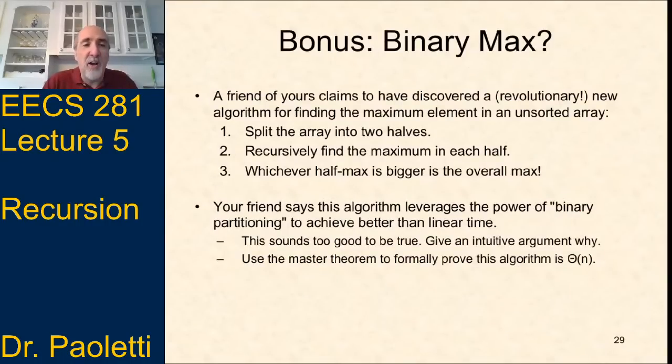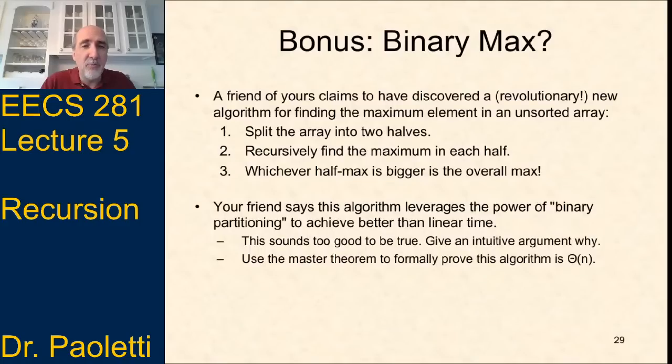Okay, here's a bonus problem to think about. You have a friend who's taking 280. They haven't taken 281 yet. And your friend says, aha, we've discovered binary search, and because splitting things in half is so powerful, I have found a new way to find the maximum element of an unsorted array. So my new way is I look at each half separately.